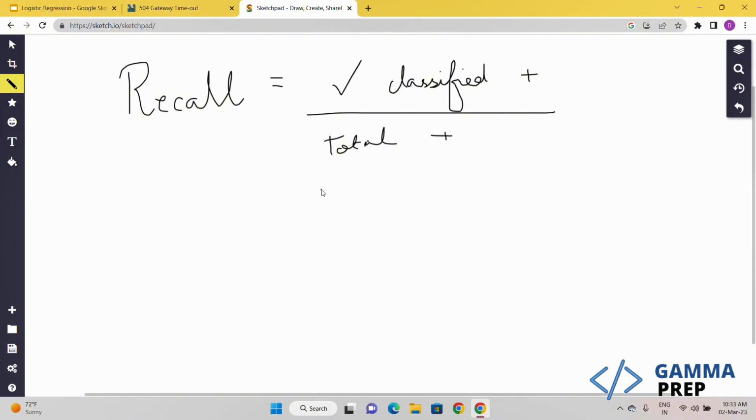Correctly classified positive classes means they are actually positives and were also predicted as positives. That means true positives is the numerator. And what is the total number of positive classes? It means actually how many positive classes there were.